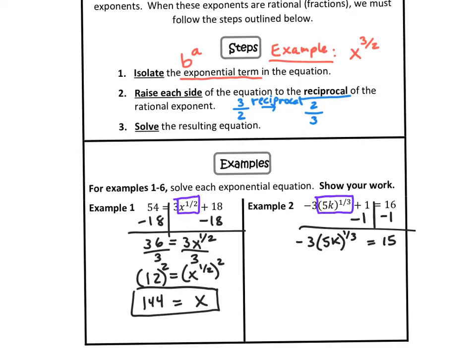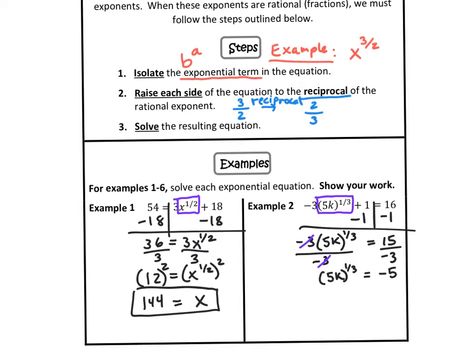And then the opposite of multiplying by -3 is dividing by -3. These become 1. And so we're left with 5k to the power of 1/3 equals -5.